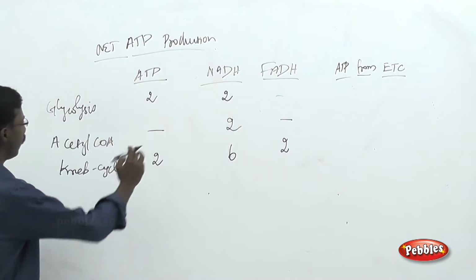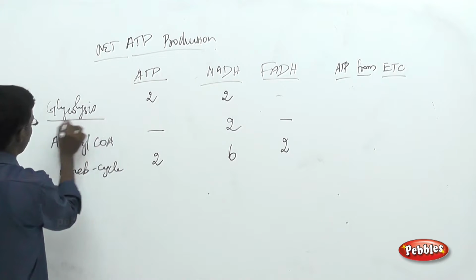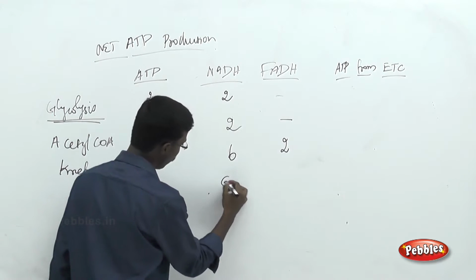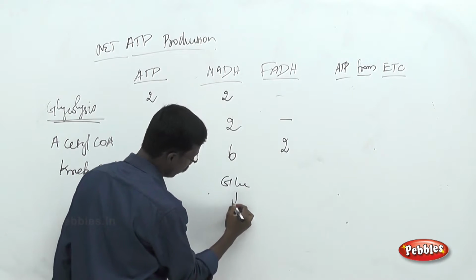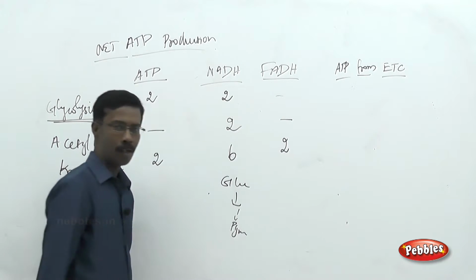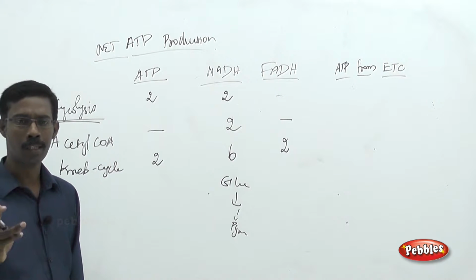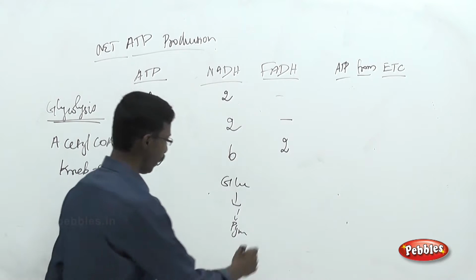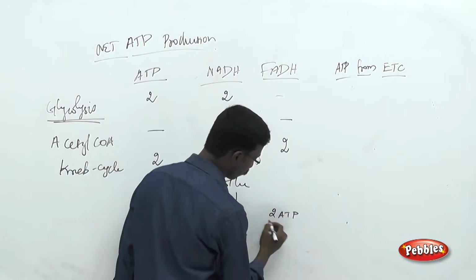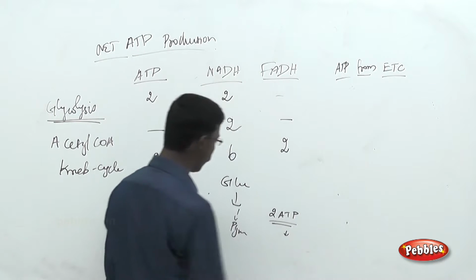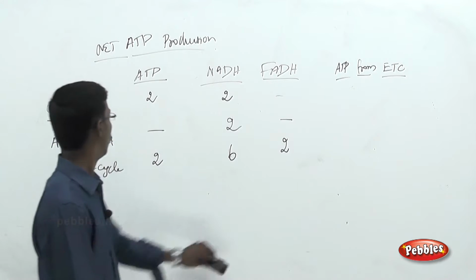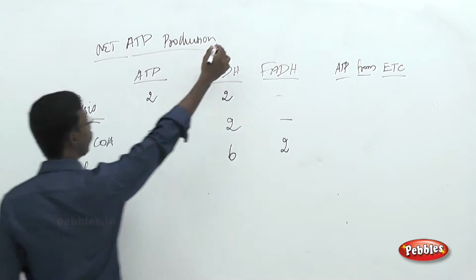First recall the ATP production from the glycolysis. As we have seen in glycolysis, from the glucose till the pyruvate, there are two stages that produce ATP molecules. So there are two ATP molecules produced for each and every glucose molecule. Okay, so all these calculations are per glucose.